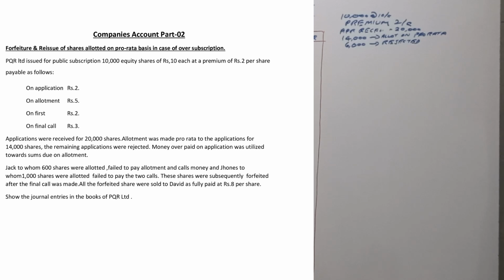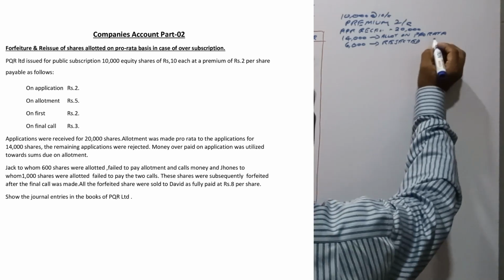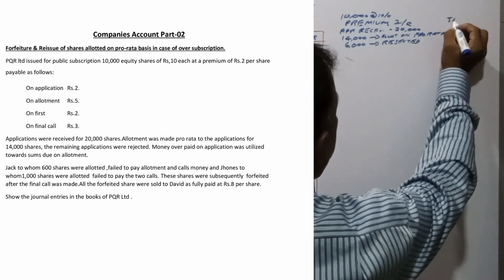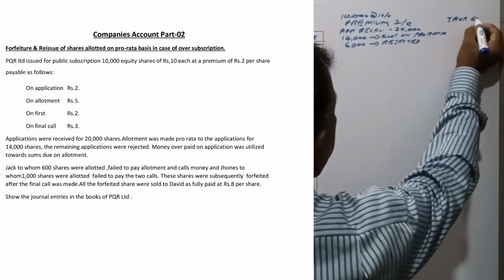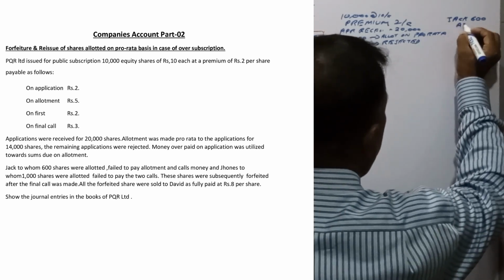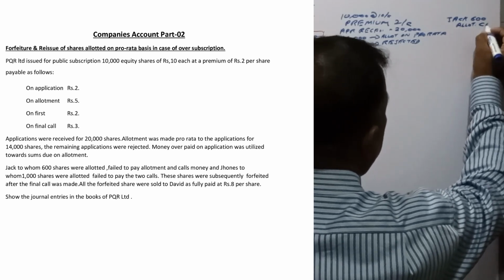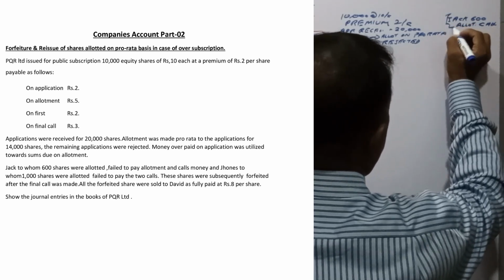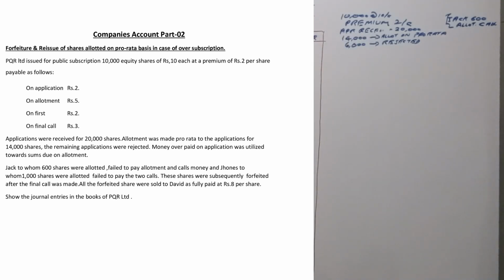Jack, to whom 600 shares were allotted, failed to pay allotment and calls money. That is for Jack.